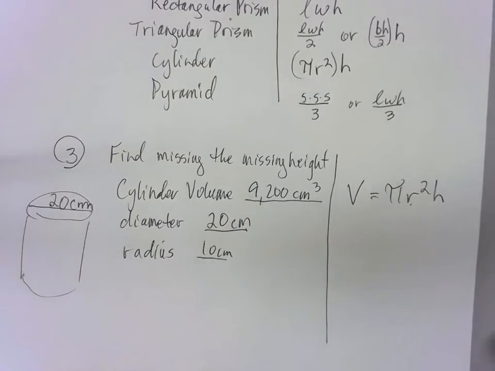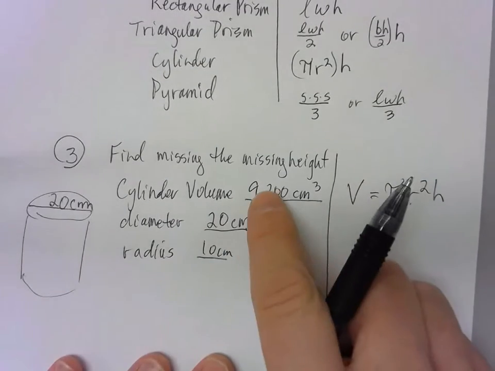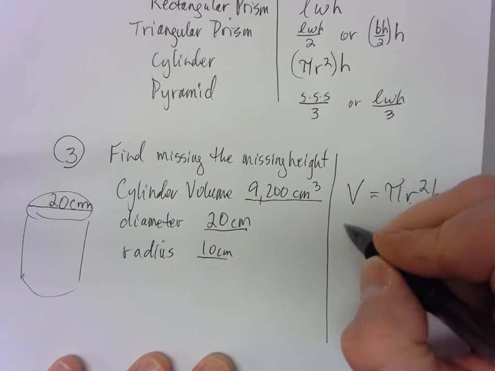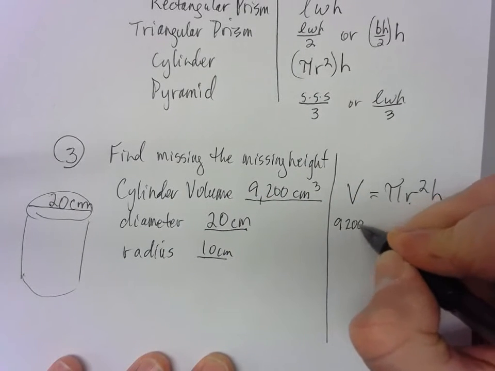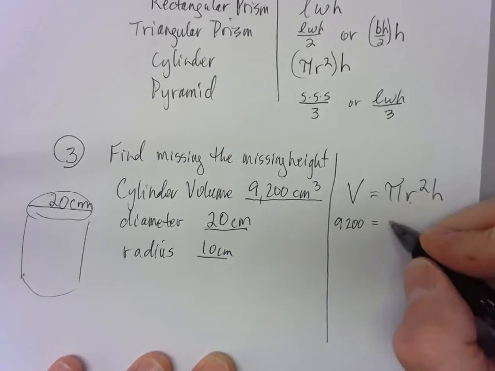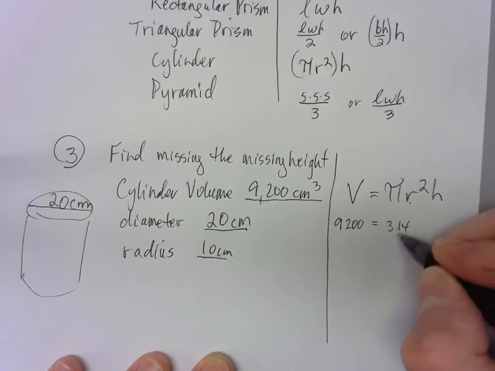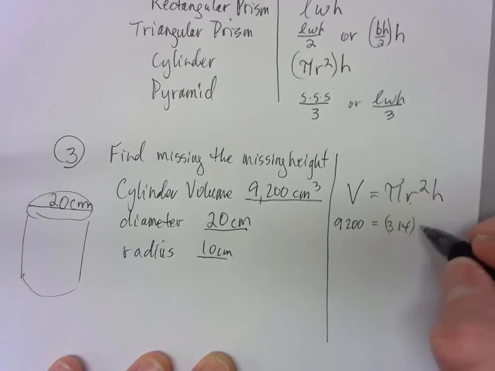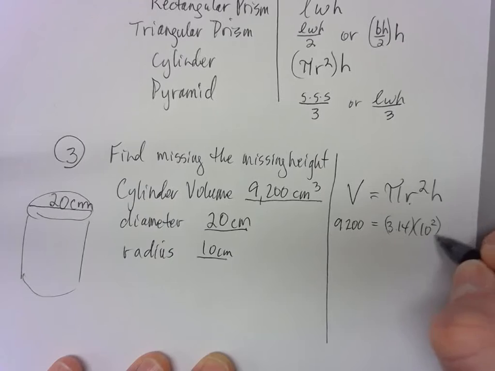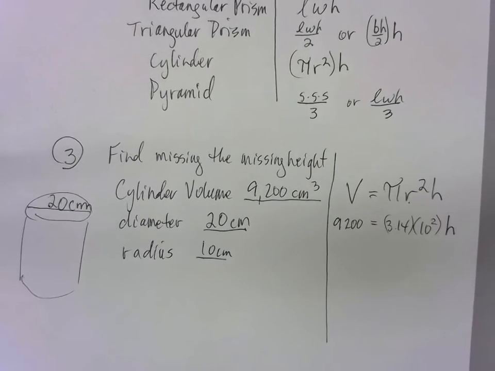So now we're going to come over here and put what we know into our formula. We know the volume, which is 9,200. We of course know pi is 3.14. We now know the radius is 10, squared, and we're looking to find the height. So let's do a couple of these things first.